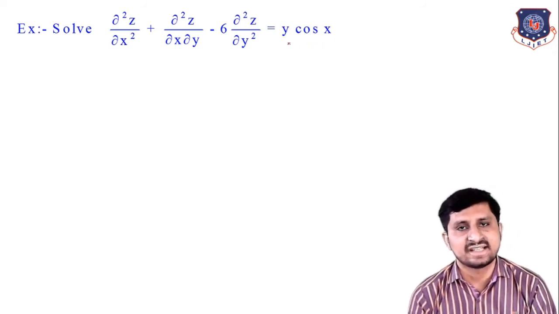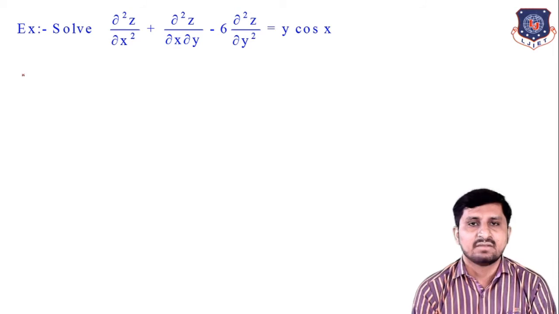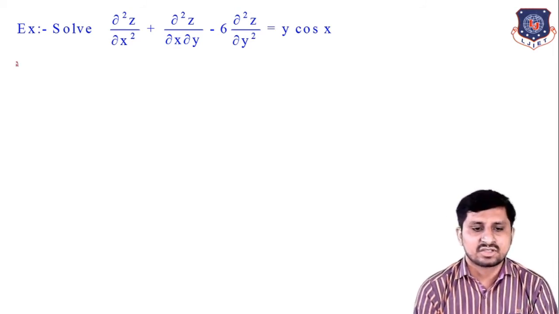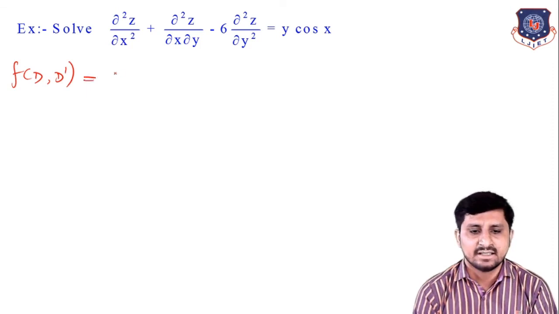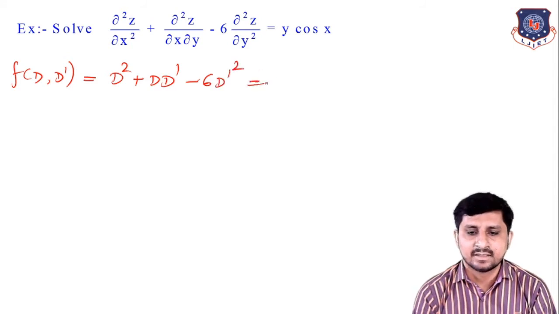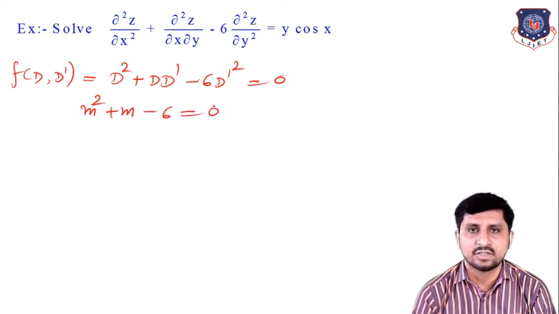So to solve this example also we have to operate our case 5. So first of all find complementary function. Complementary function f of D dash, that is D square plus D D dash minus 6 D dash square, that is equal to 0. So this is m square plus m minus 6, that is equal to 0.